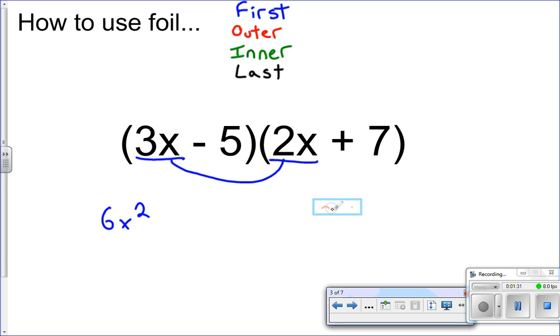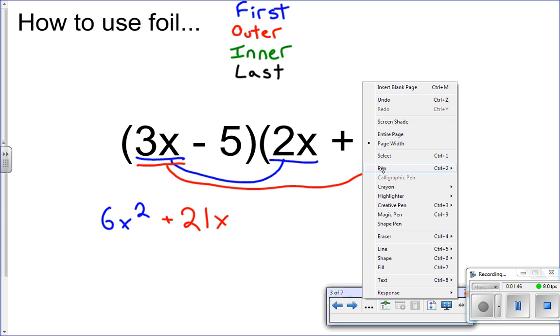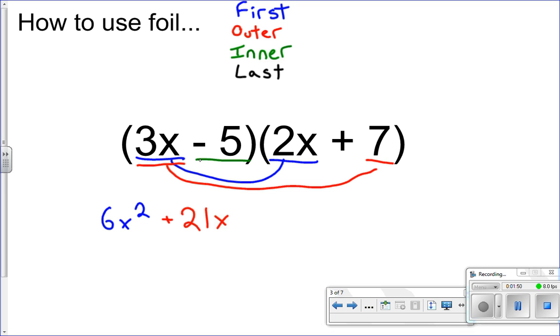Now I'm going to do outer, and what that means is we do the 2 outer terms of our multiplication process. 3x and 7. So 3 times 7 is positive 21x. Now I'm going to do the 2 inner terms of our binomials, negative 5 and 2x.